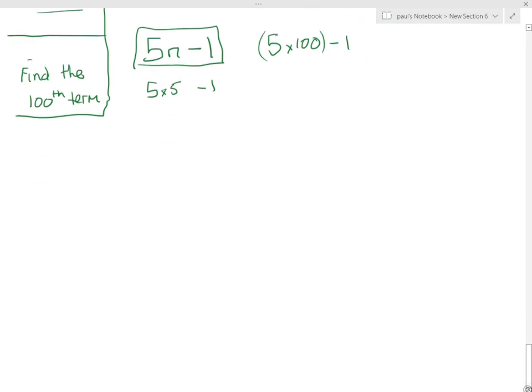So let's do another one now. 5, 8, 11, and 14. There you go. So first of all, let's label up the nth terms, which is 1, 2, 3, 4. Find the gap. 3, 3, 3. So the gap becomes 3n.